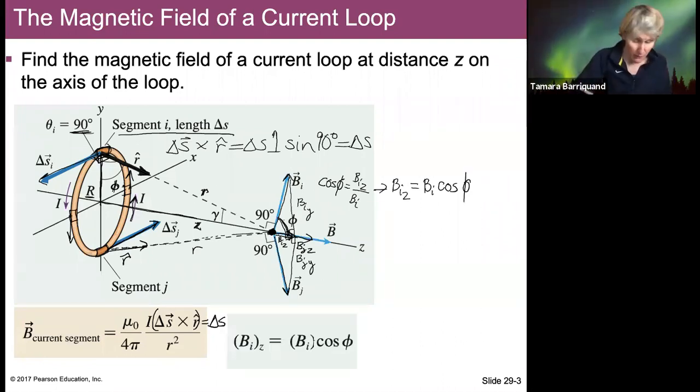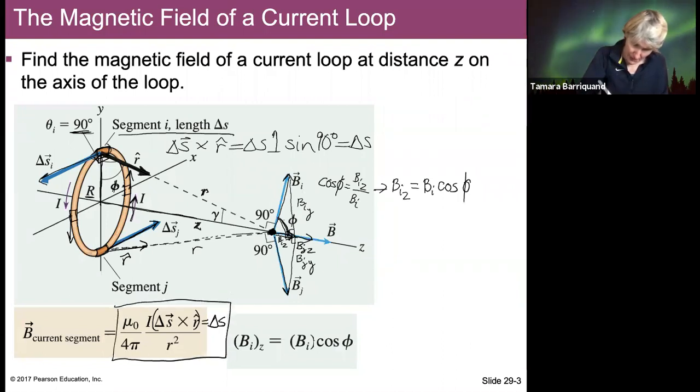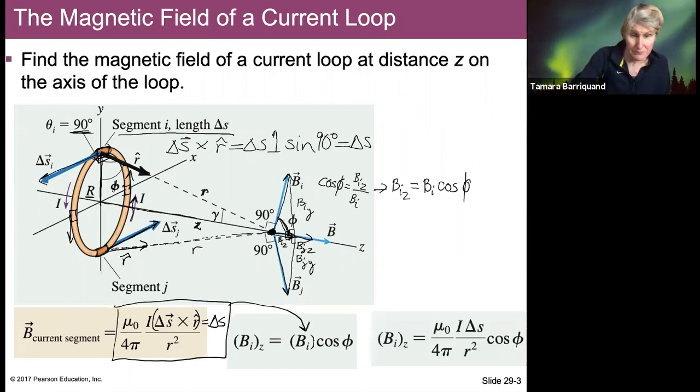And we know that what we want is B_i sub z, where B_i sub z is equal to B_i times cosine of phi. So if we take this piece right here and put it in for B_i, we see that B_i sub z is going to be mu naught over 4 pi, I delta S over r squared, times cosine phi.